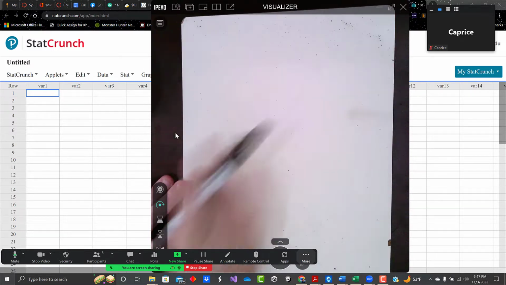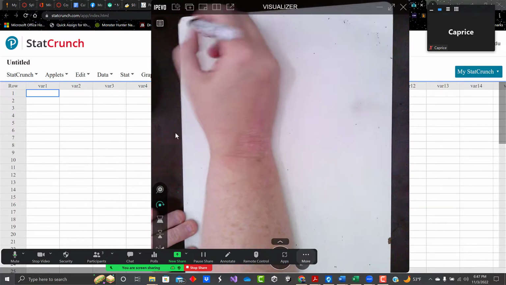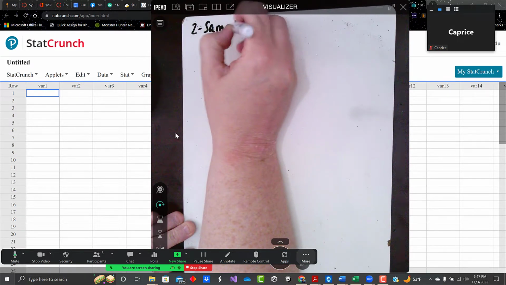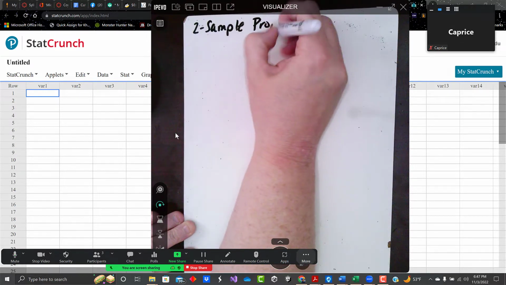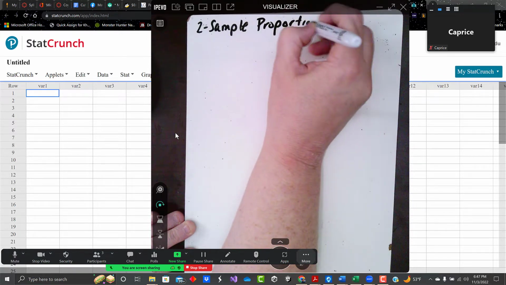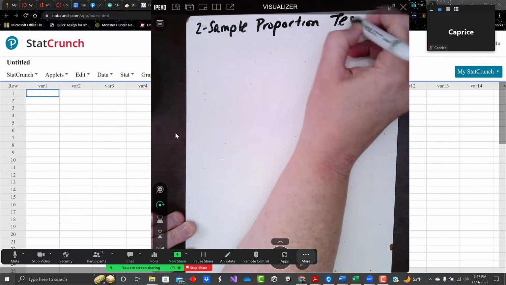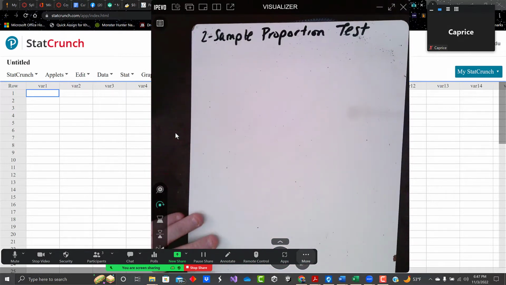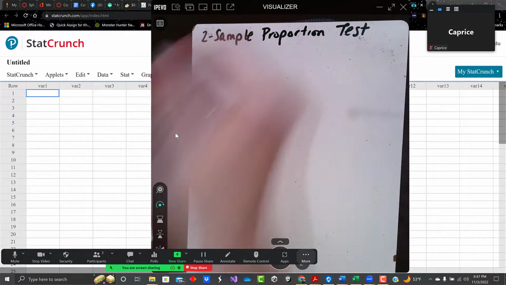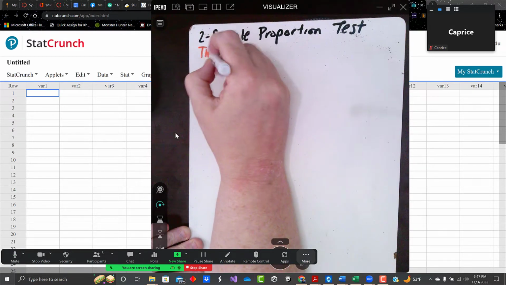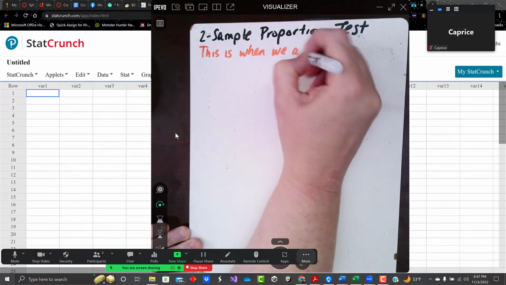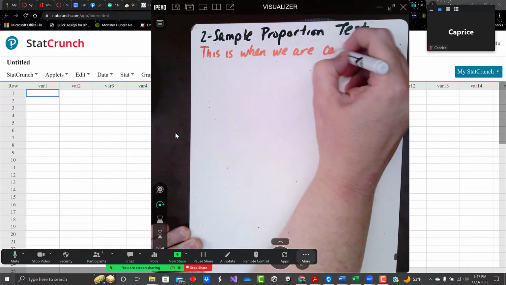So, two sample proportion test. This is our new material. This is when we are comparing the proportions for two different groups.